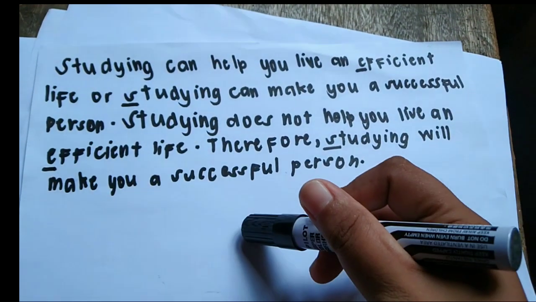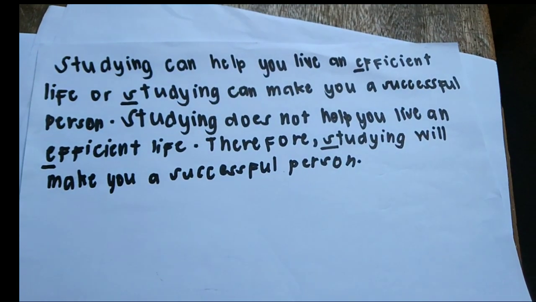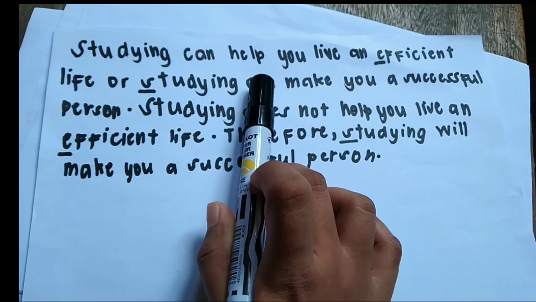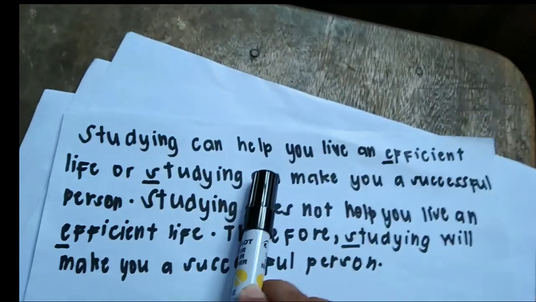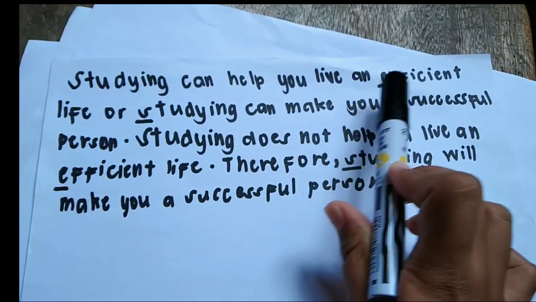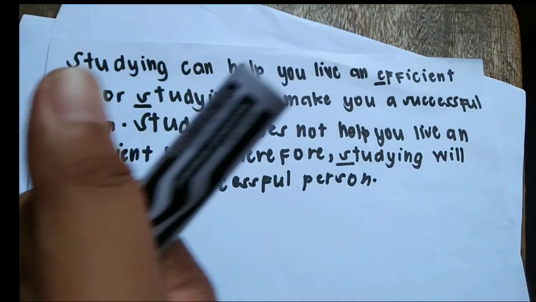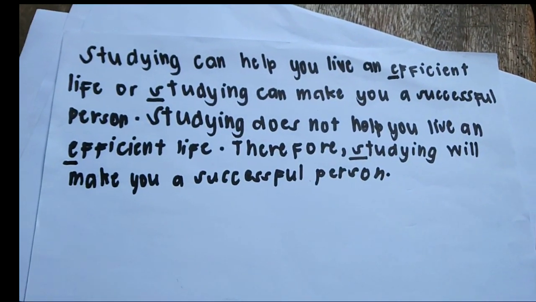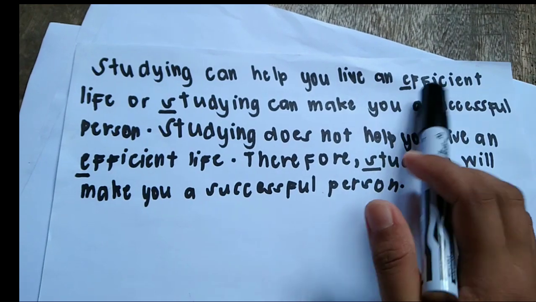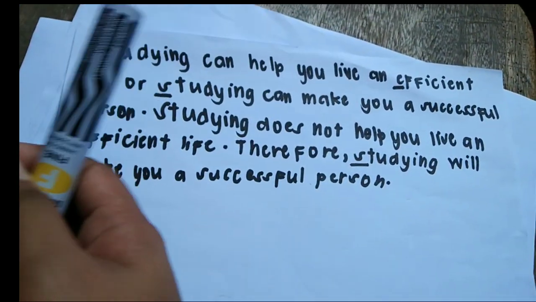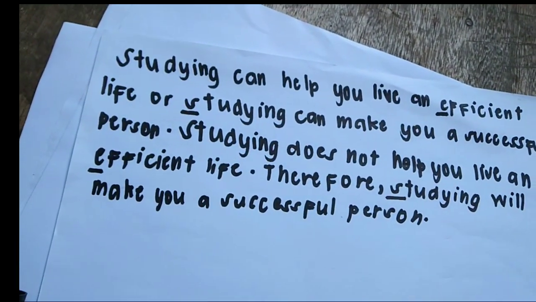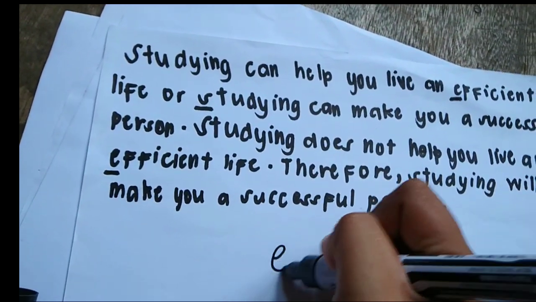So, kapag baliktad na V, ito yung symbol na "and." So, yung first statement natin is, studying can help you live an efficient life, which is our P. Meron tayong naka-underline dito na E. So, ito yung first statement natin, letter E.